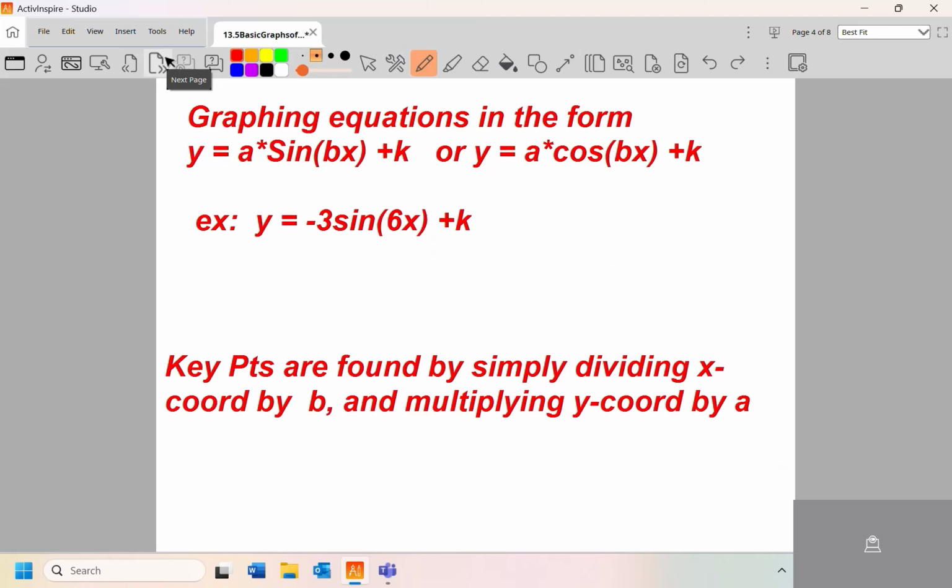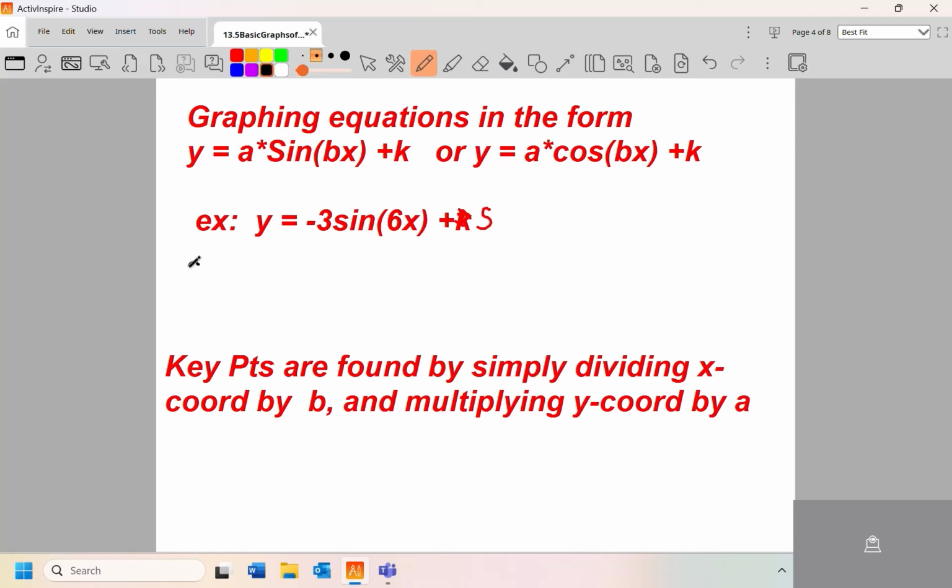All right, graphing equations in the form of y equals a times sine of bx plus k, or y equals a times cosine of bx plus k. An example here is y equals negative 3 sine of 6x, and let's say plus 5. Now, what does this do? Well, it does a lot of things.